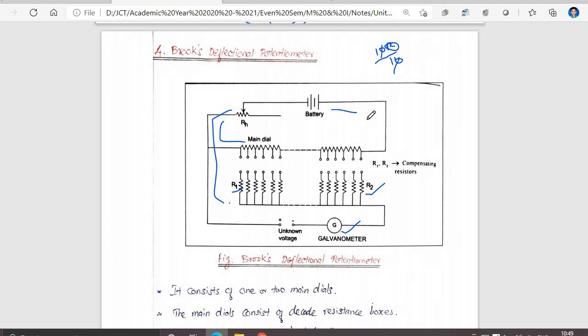We can connect the compensating resistance to the circuit. Here R2 is there, and you can connect this point to this point, or any point. Here also R1 is there, and you can connect R1 to any main dial point. So the circuit current flows through here.